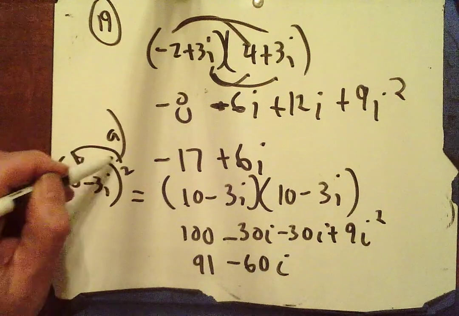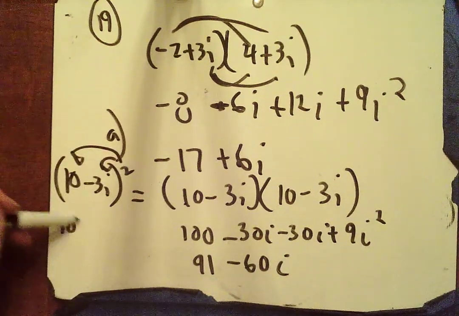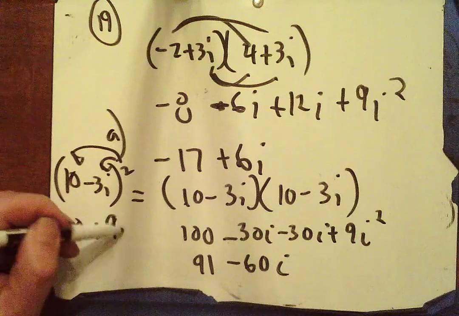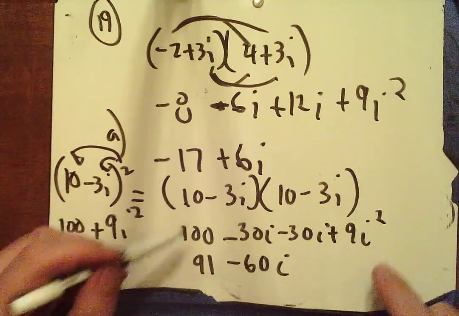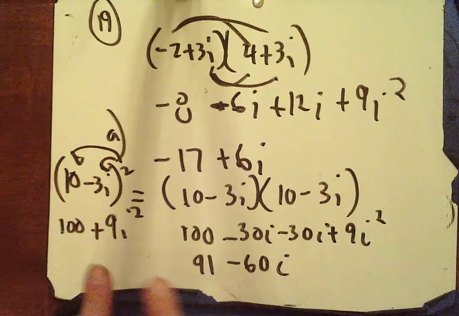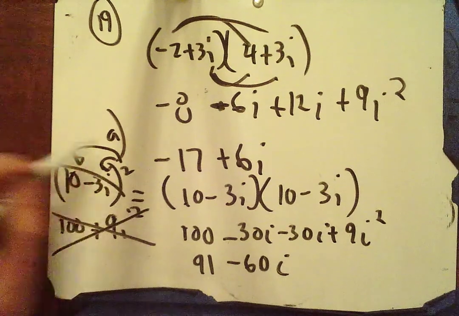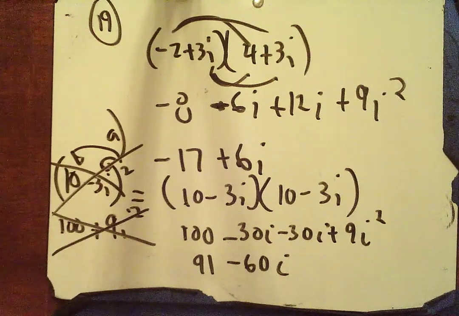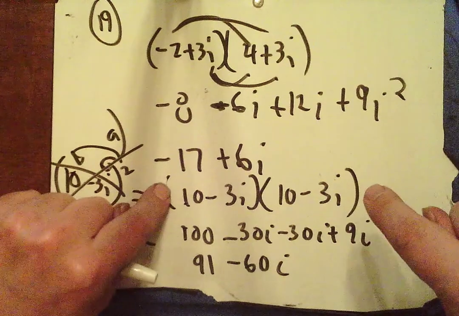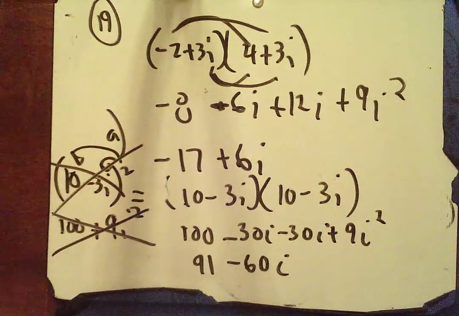If you just apply this, you get 100 plus 9i squared. Great, but what about the middle terms? So, no, that is evil. Don't do that. Write it as a thing times itself and do the FOILing.